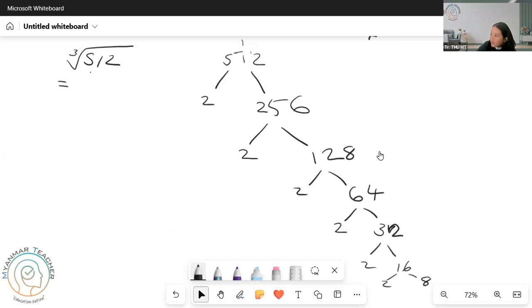It's getting really long, so I'm just going to do it from up there. So 2 and 8, which would be 2 and 4 and 2 and 2.